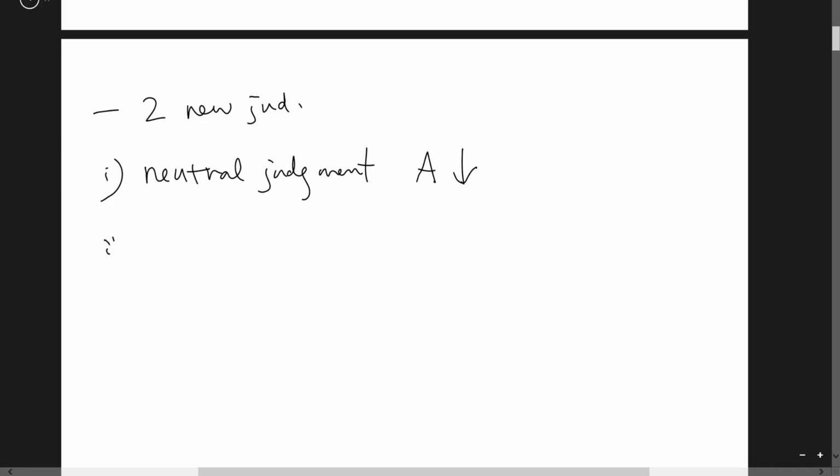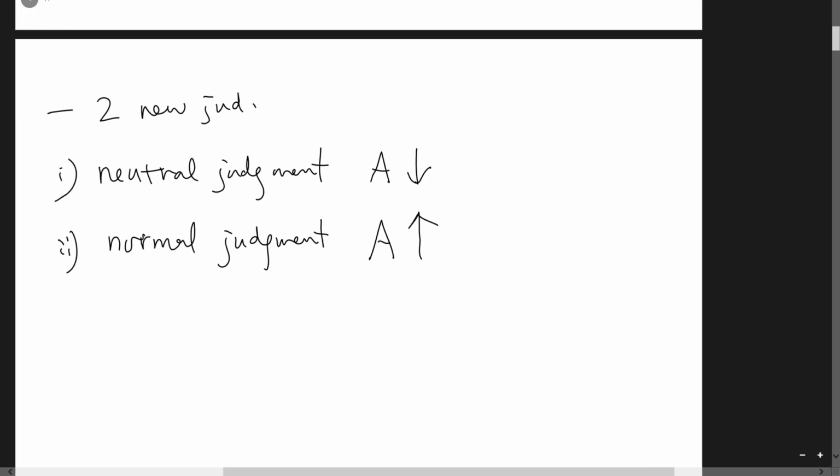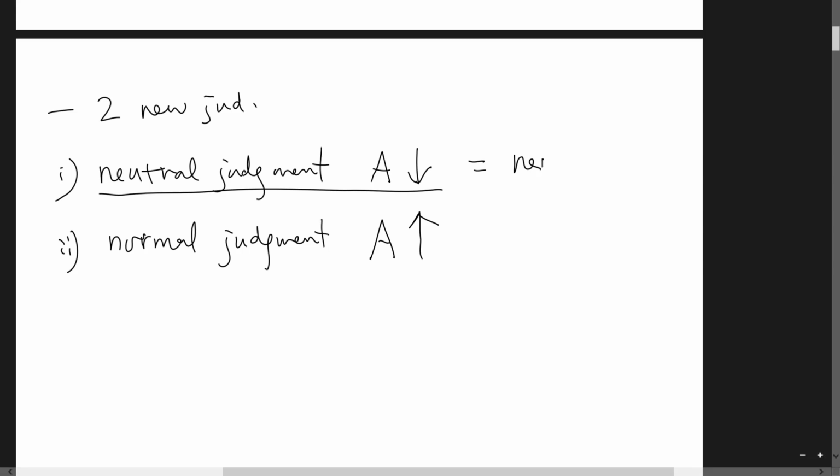And the other is normal judgment, and we write an up arrow. A neutral judgment can be proven with a neutral proof, and a normal judgment can be proven with a normal proof.